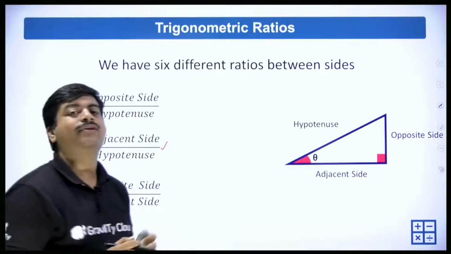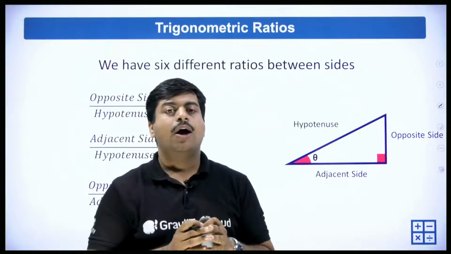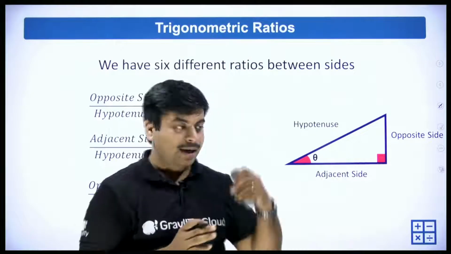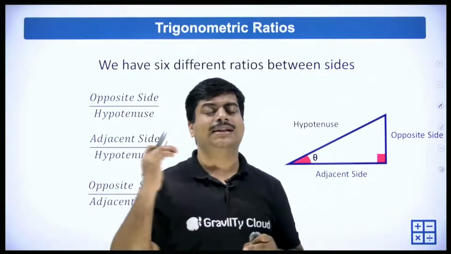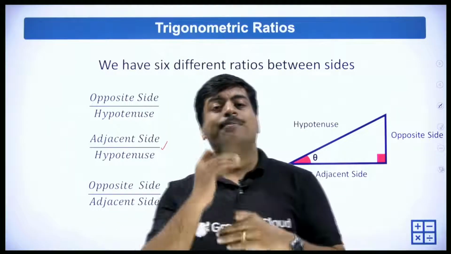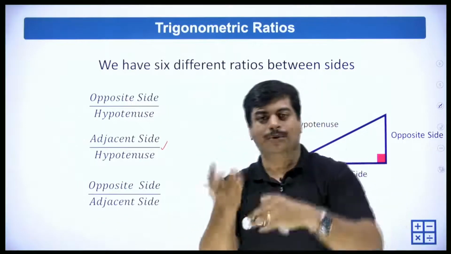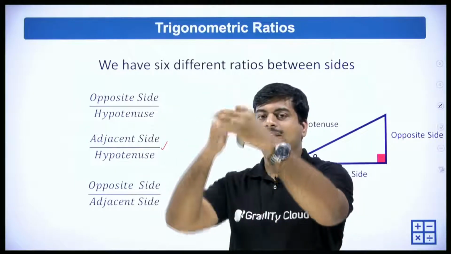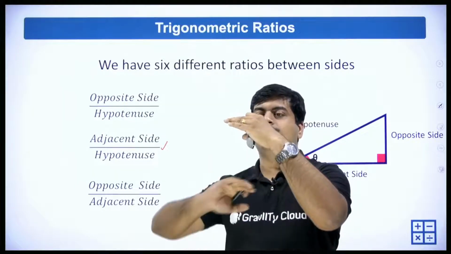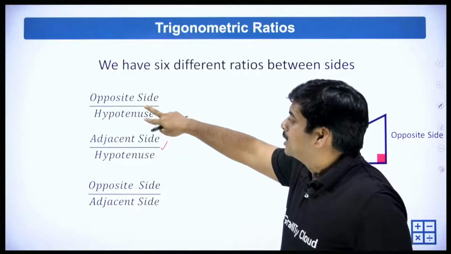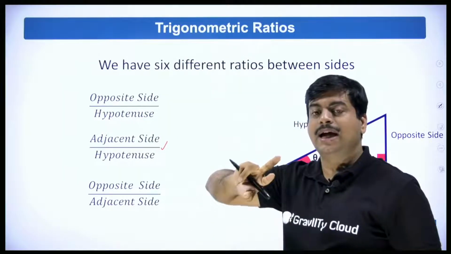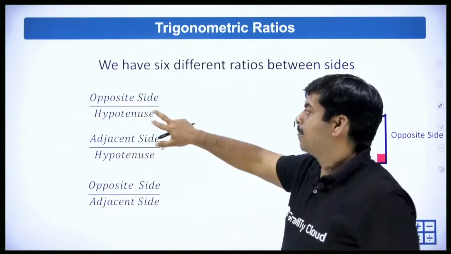And all the other three, which we are going to write now, are exactly the reciprocals of these three ratios. Reciprocal means upside down: the numerator is transformed to the denominator, and the denominator is written in the numerator. So we have opposite by hypotenuse, and now we write hypotenuse by opposite.